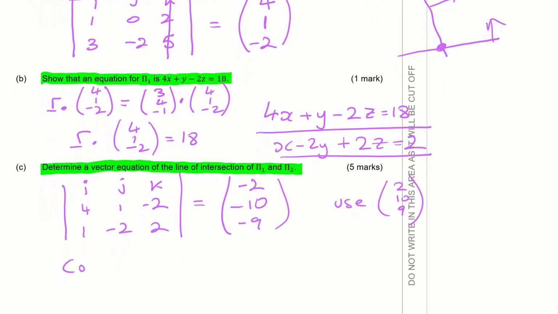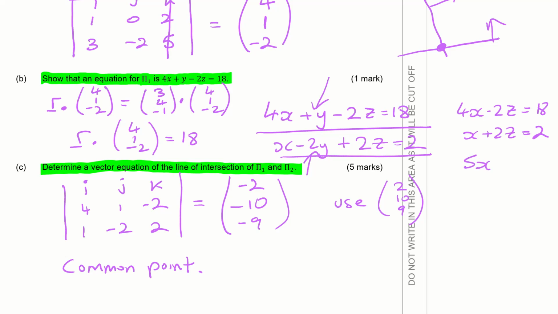And then we just need a common point. If we take y equal to 0, here and here, we get 4x minus 2z equals 18, and we get x plus 2z equals 2.